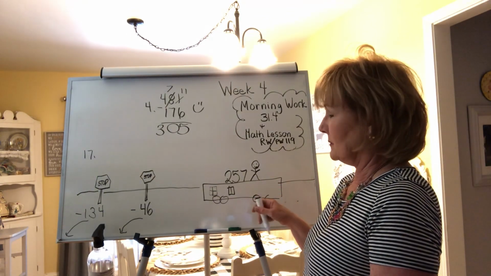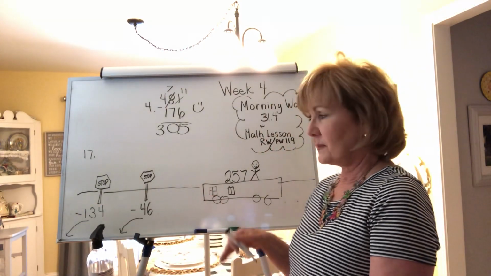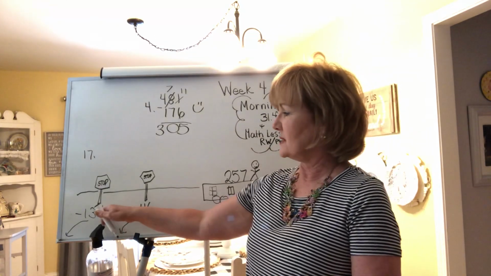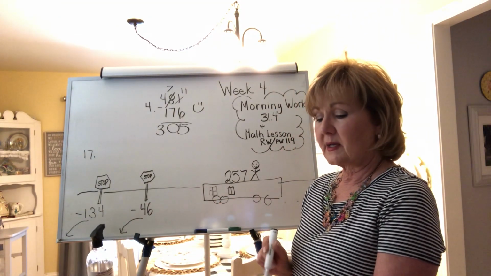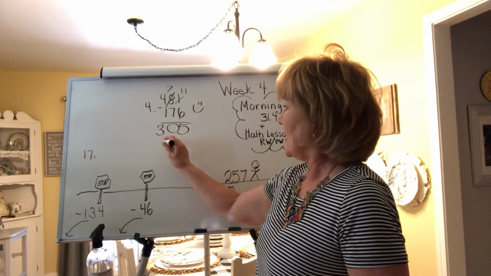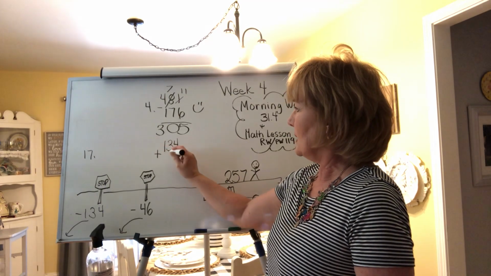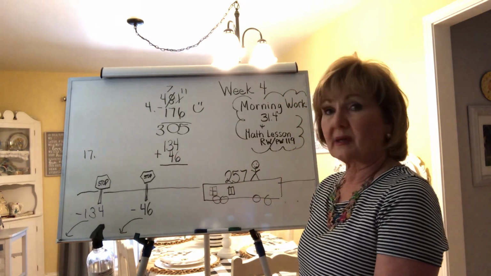Well, what can we do? We can take 257 minus 134, then take that answer minus 46, but what do you think we could do with 134 and 46? You're right. We can add 134, go ahead and write that, plus 46. That's how many people got off.